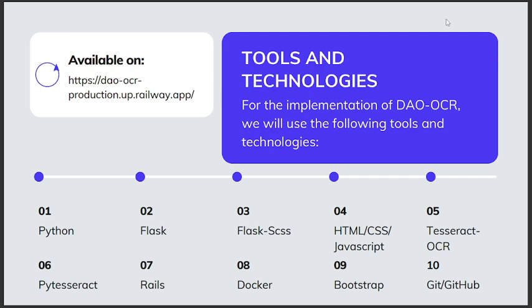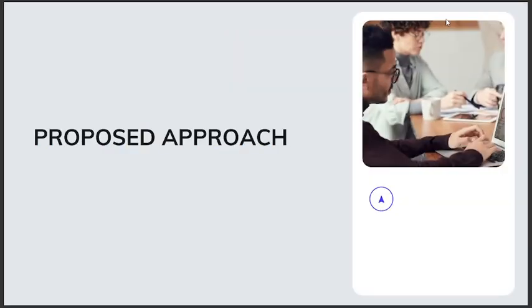Then for the back end, Tesseract OCR, which we have to install before we install PyTesseract, and we also use Railway for the deployment, Docker for the containerization, Bootstrap for the front end, like icons and stuff, and GitHub to do our DevOps.